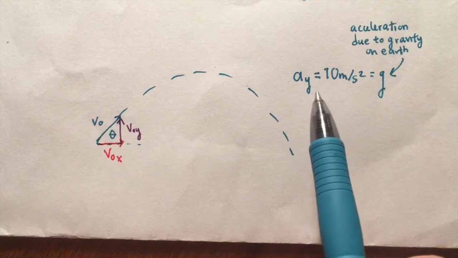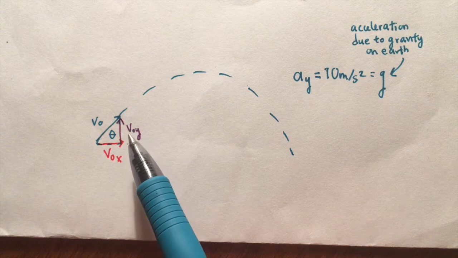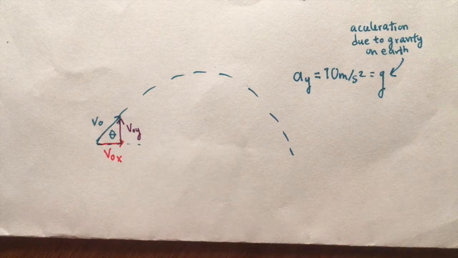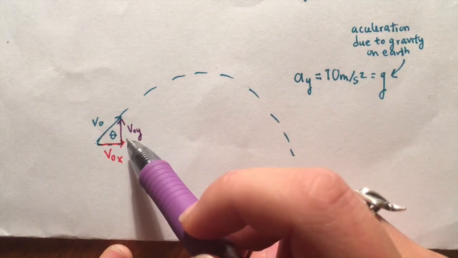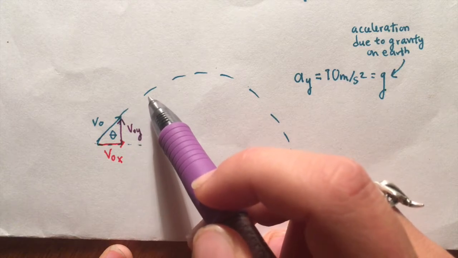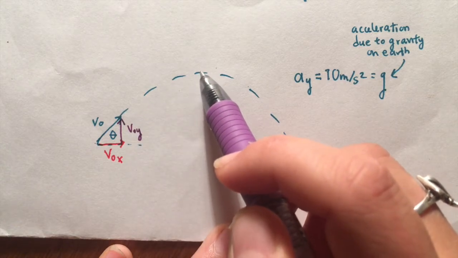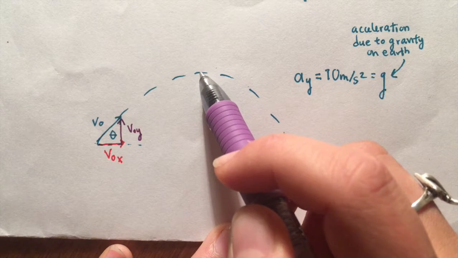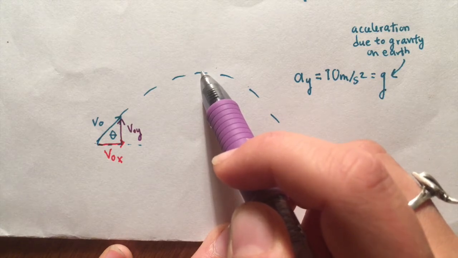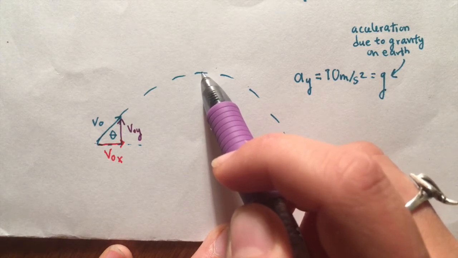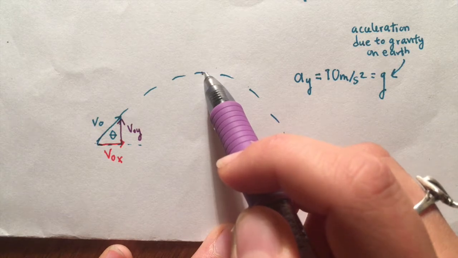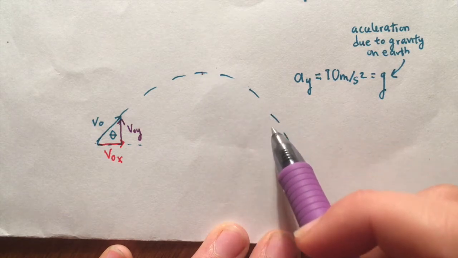So vertical acceleration affects vertical speed. So what happens to the vertical speed as time is passing? The ball is going to slow down vertically, come to a momentary stop vertically. At the very peak, it is not going to be moving vertically, and then it is going to speed up vertically and come back down.